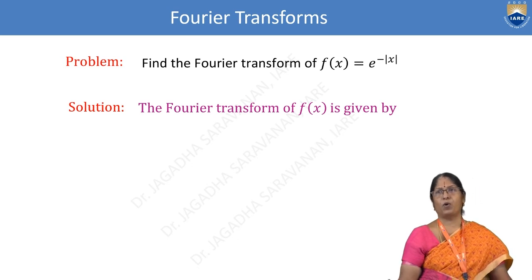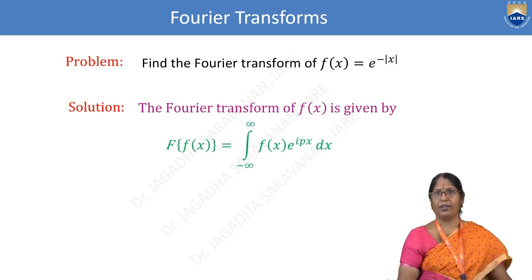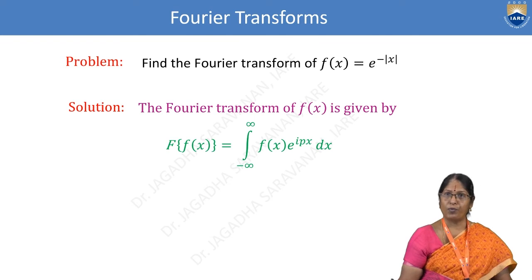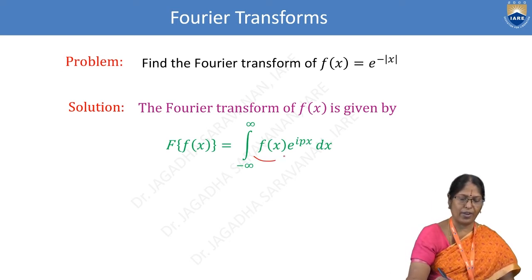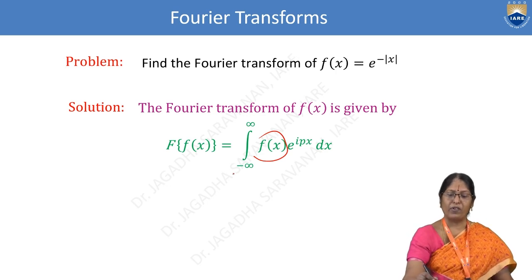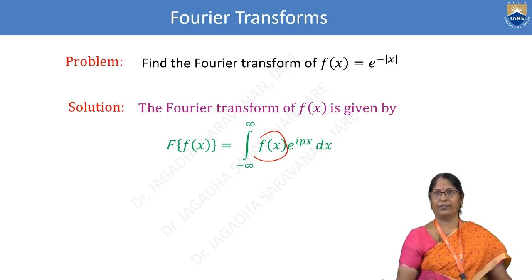The Fourier transform of f of x is given by, so capital F of p, how will we read it? Fourier transform of the function f of x is nothing but integral minus infinity to infinity f of x into e power ipx dx. Our f of x is e power minus mod x.